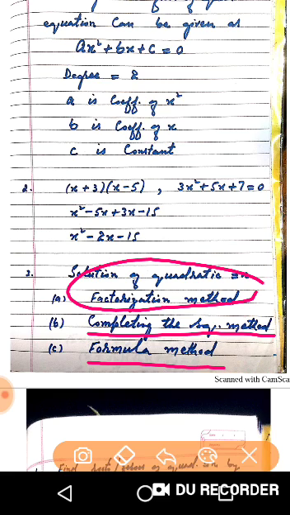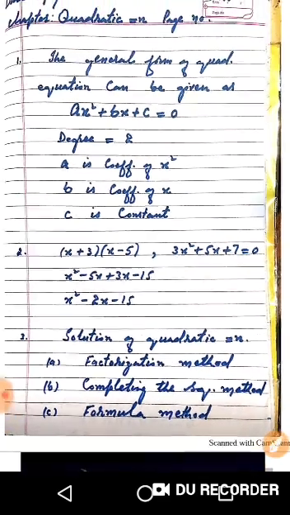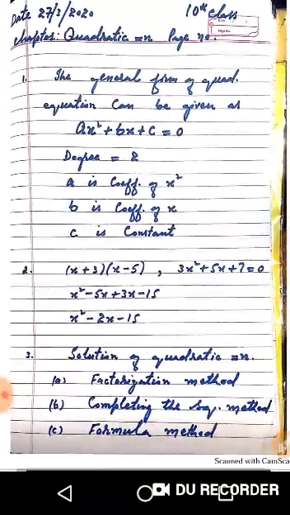I will teach you all these methods one by one. Today we are going to touch one method, the factorization method. In this chapter as well, you are going to find certain application based questions and some evaluative type of questions as well.